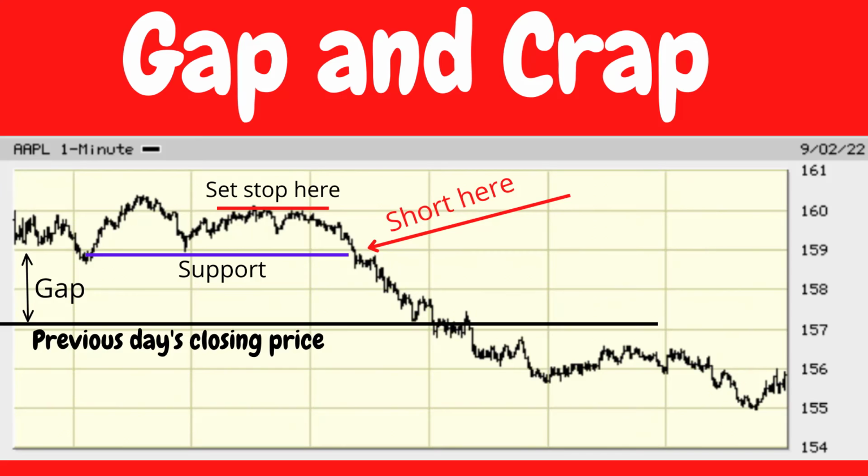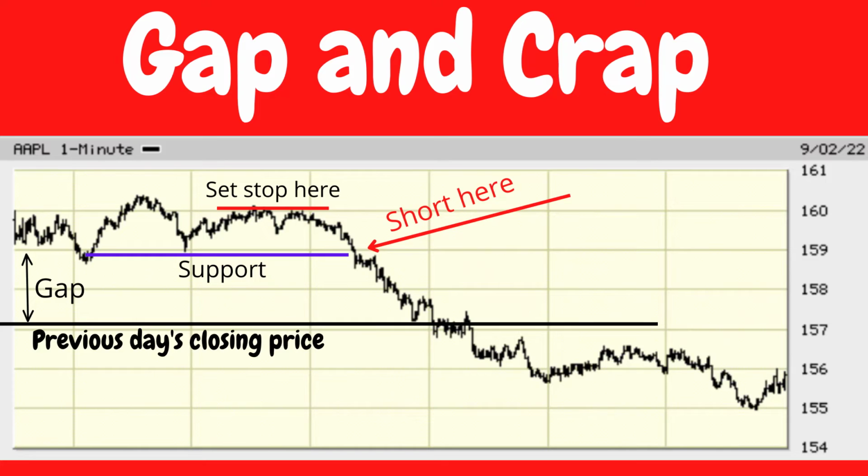Now, the way you would trade this is after it's had a little bit of time during the day. You're going to need a little time. You don't want to trade it right away at the open unless you're going to fade it. You let it put in some kind of a pattern and then look for a signal. In this case, right around 10 or 11 in the morning, it had formed a nice sideways channel and gave us a nice support level, represented by the blue line.